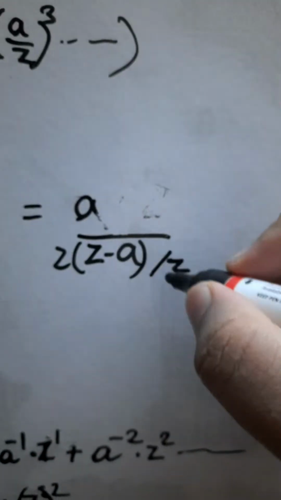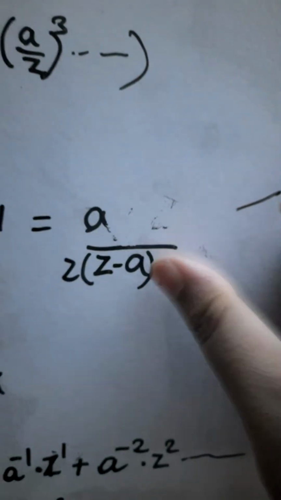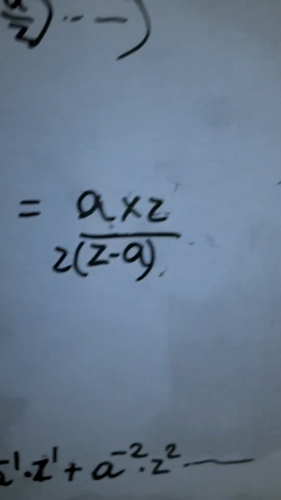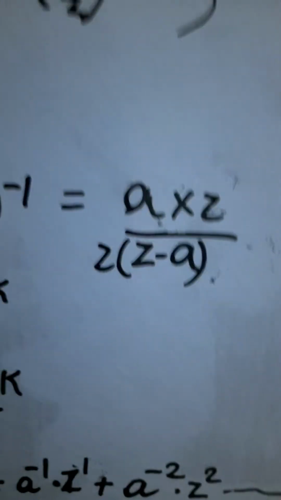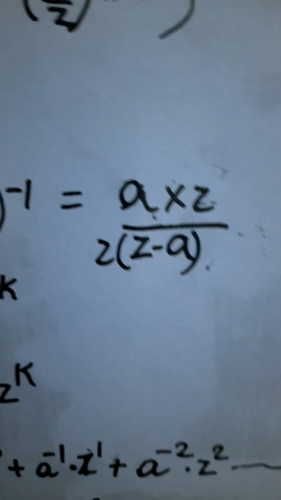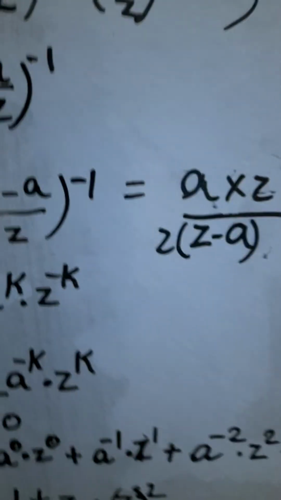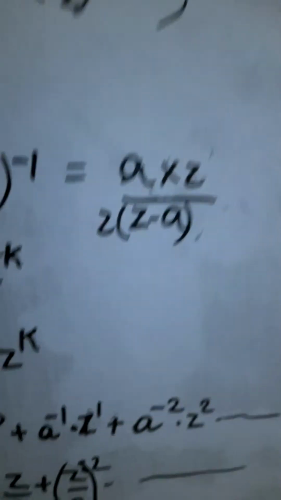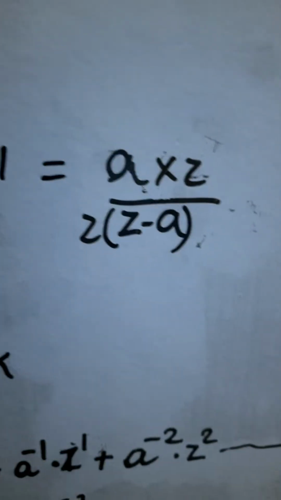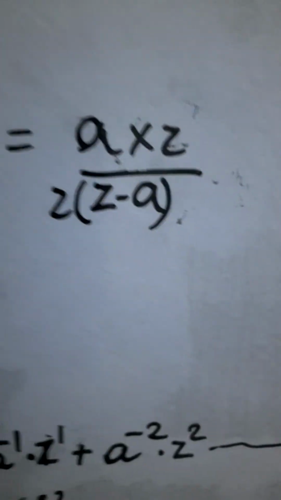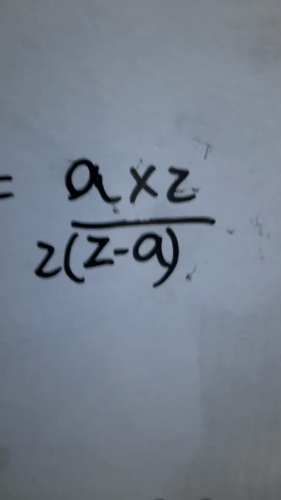Now the denominator should be the numerator, because they are opposites, like the enemy's enemy should be your friend, like that.